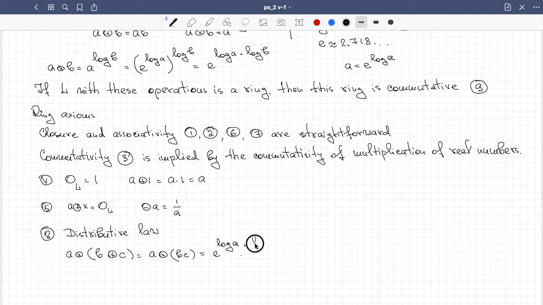But still, this is normal multiplication of numbers. And now we use the well-known property of log, that this is e to the power log a, and we write the log of the product as a sum of logs.